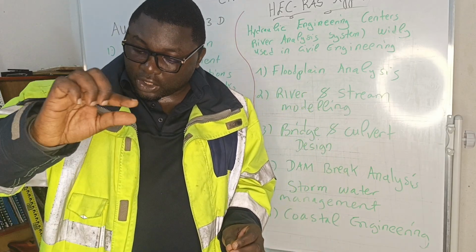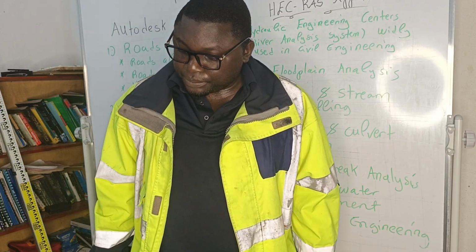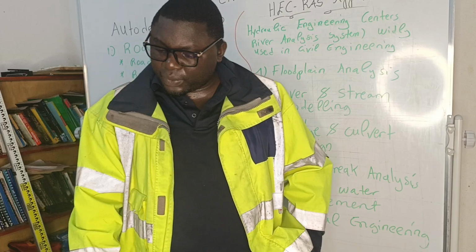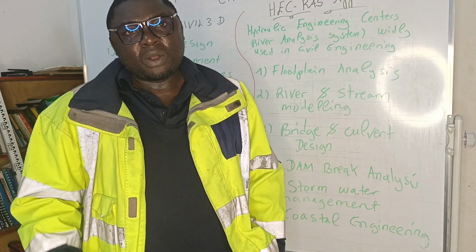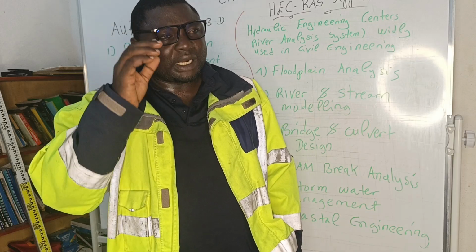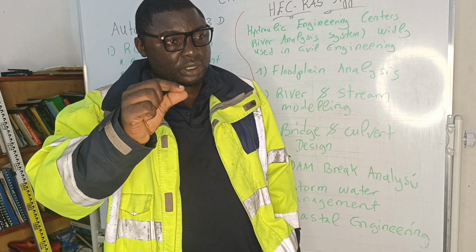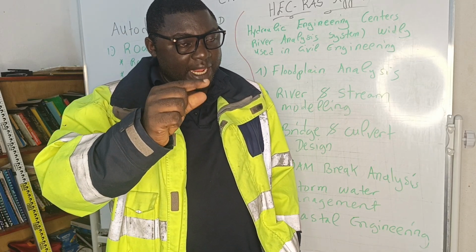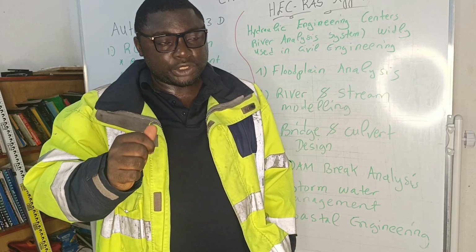Then now, on the second part of our training, we are going to deal with the altimetry. When we talk about altimetry, we think of altimetry as a height. The name just goes, altimetry, height, altitude.